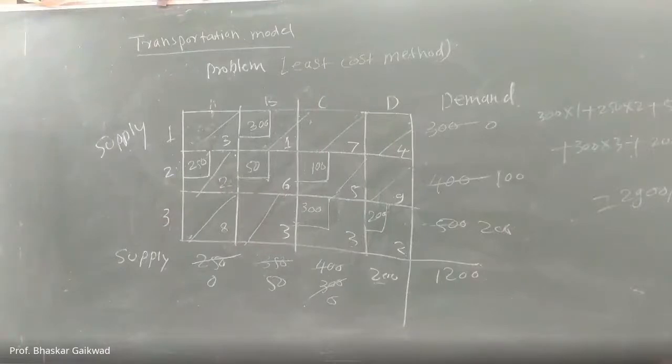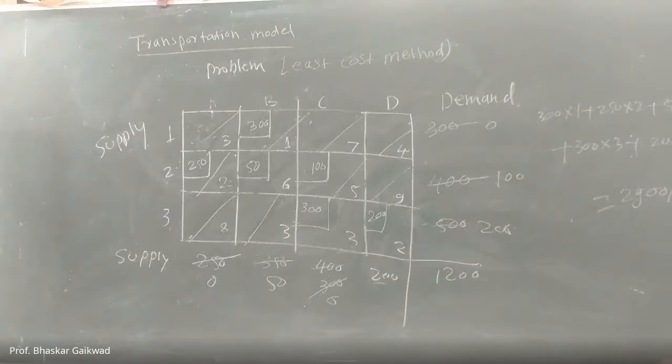Anybody having any doubt? You can solve it any way, by row or column also. You have to search for the least value, allocate the given numbers, and after that deduct each value from demand and supply, cancel that corresponding row or column and proceed to the next.